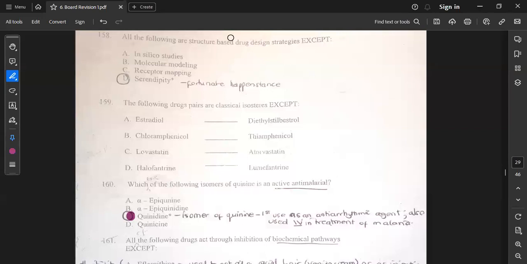And now basically, we have the trophozoites, the schizonts, and the merozoites.